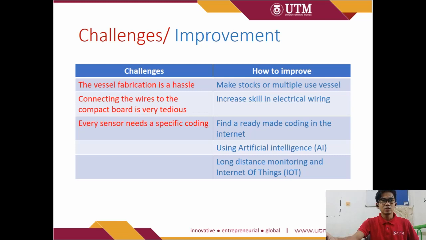And the last one is every sensor needs a specific coding. So to tackle this problem is by finding a ready-made coding on the internet. It will help us a lot. This prototype can be improved by using artificial intelligence, or by integrating long distance monitoring, or Internet of Things, IoT.